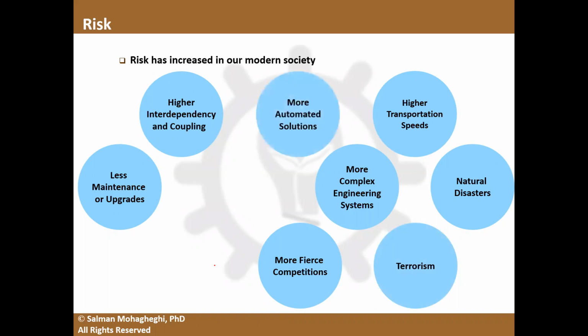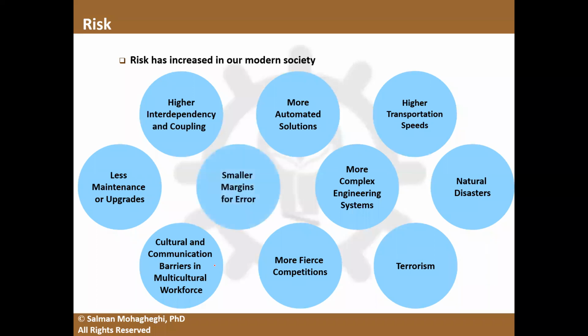We have more automated solutions that perhaps bypass the sanity check of a human operator, which could in certain situations make it more vulnerable to different types of unwanted events. Sometimes when you have a workforce which is multicultural, there may exist cultural barriers or communication barriers that could lead to misunderstandings that could threaten the operation of a system.